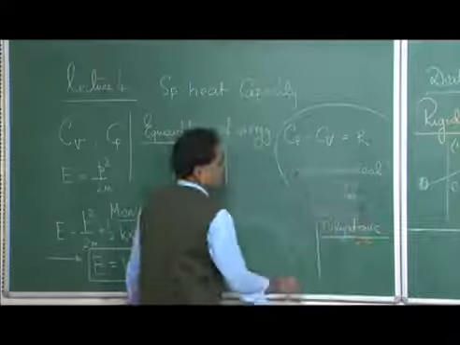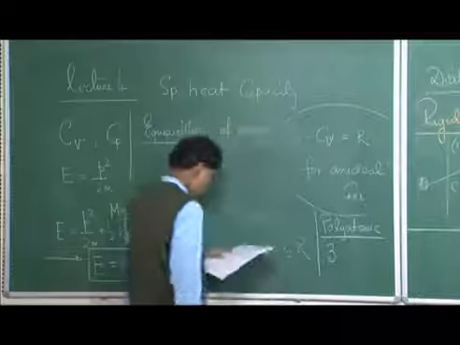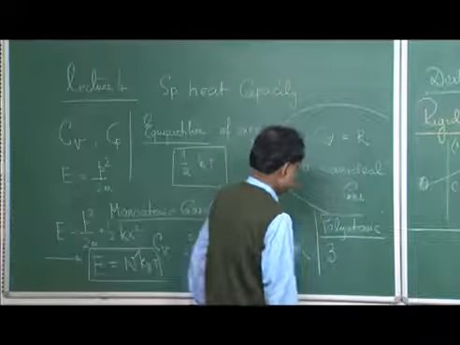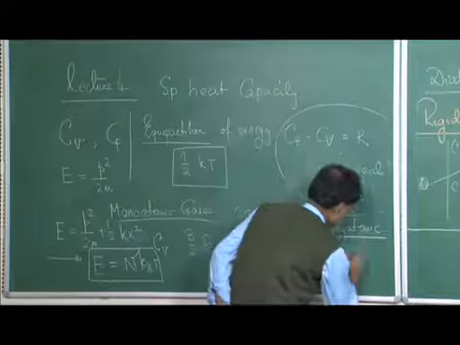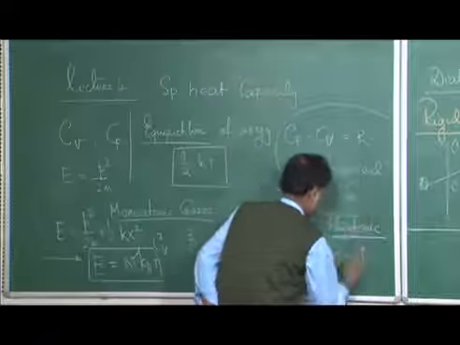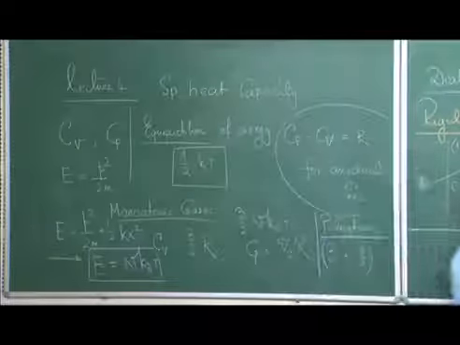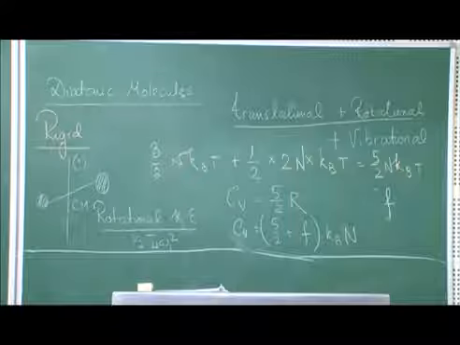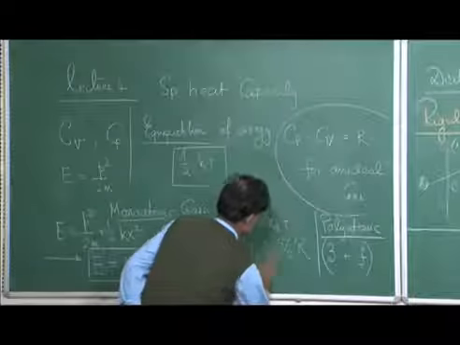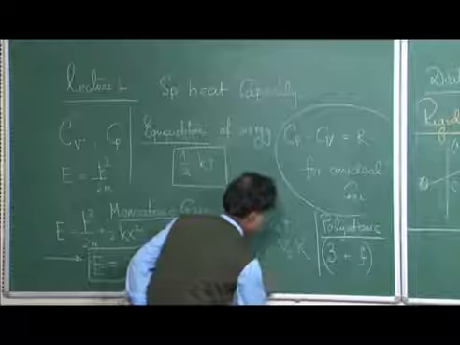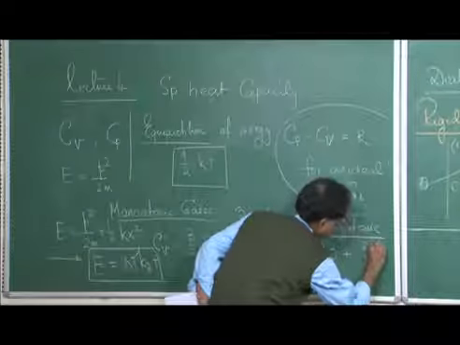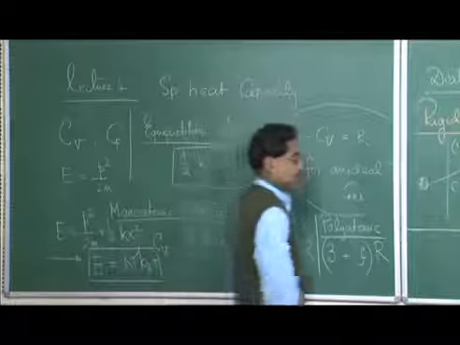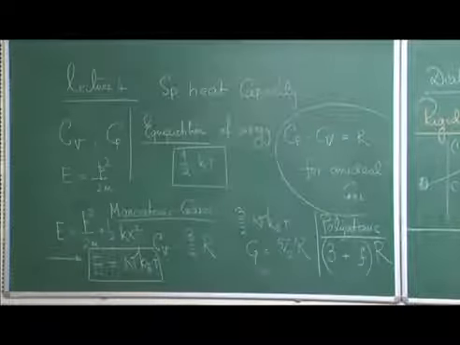For polyatomic molecules, there will be a factor of three which comes because of the rigid body approximation, and with this you should have this F. Here I should correct myself, this should be Cv equal to n, 5 by 2 times 3 plus F, into R. This is the specific heat capacity for polyatomic molecules.